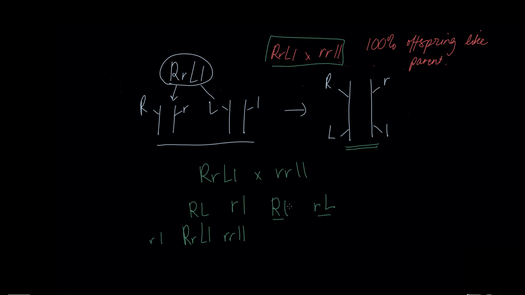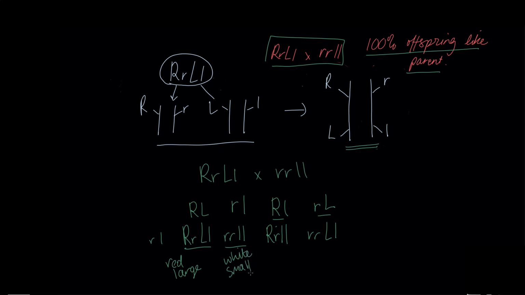But now, when we get this here, we're using the crossed over gametes: big R, little l, little l, and now we've got little r, big L, little l. So these two organisms are what we expected before, like the parents: red flowers and large leaves, and here, white flowers and small leaves.